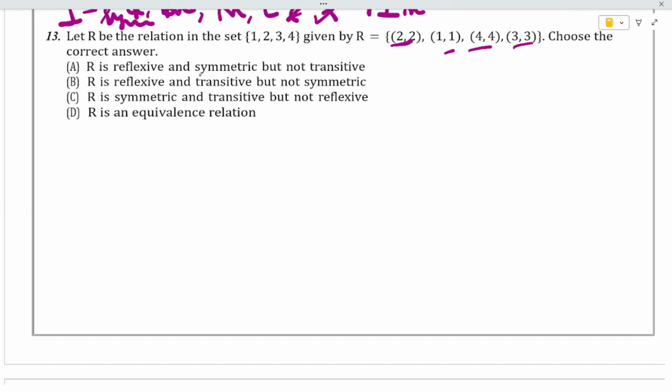For reflexive, all of them are having the particular pairs. The answer is reflexive.